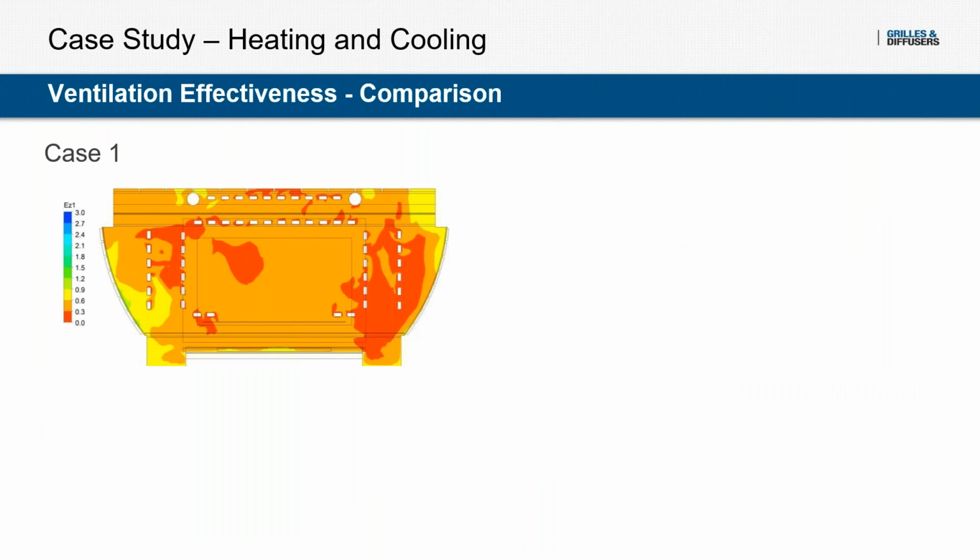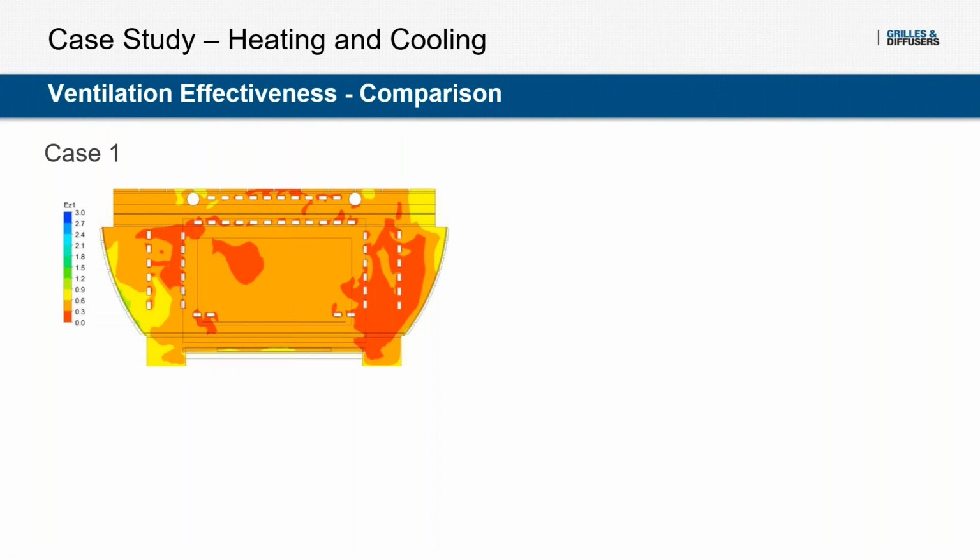We can really see this when we take a look at the ventilation effectiveness for that first case. We're really not effectively removing the contaminants. In an ideal mixing system, the ventilation effectiveness in the breathing zone, or really in all zones, would be around 1. So it's fully mixed, there's the same amount of contaminants at the supply as at the returns.